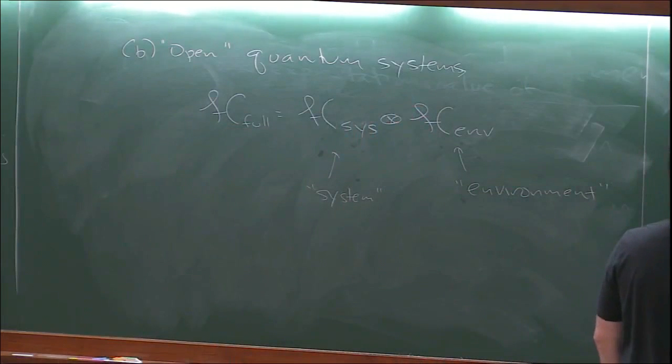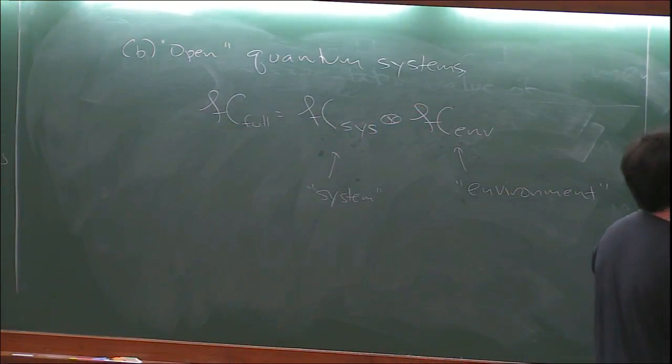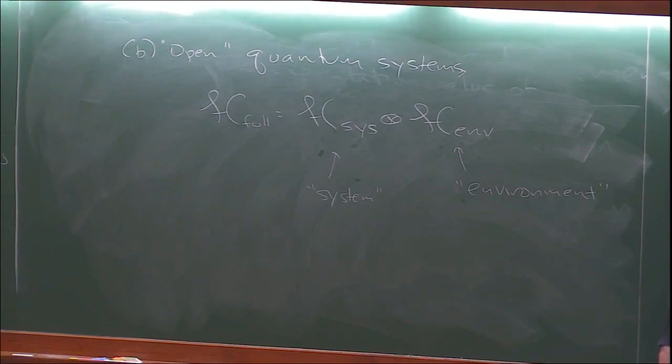And so now if I want to know the expectation value, there's the state of the system. The system is not in a definite state in general. In general, this will be an entangled state.